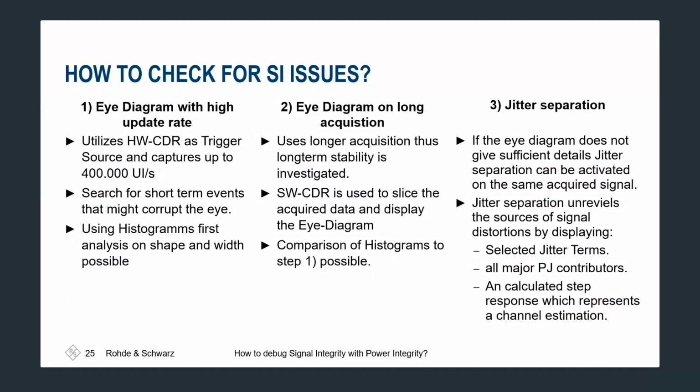The software CDR algorithm is used to slice acquired data and display the eye diagram. And finally, if the eye diagram does not give sufficient details, jitter separation can be activated on the same acquired signal. With jitter separation, you are able to reveal the sources of the signal distortions by displaying selected jitter terms on the oscilloscope screen.